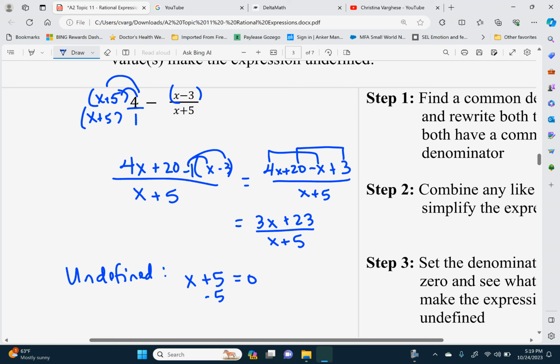So I'm going to do minus 5 here. This cancels out, and I'm left with x is equal to negative 5. So this number right here is what makes the expression undefined.